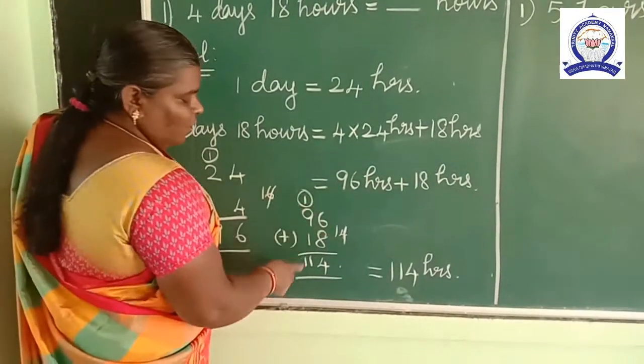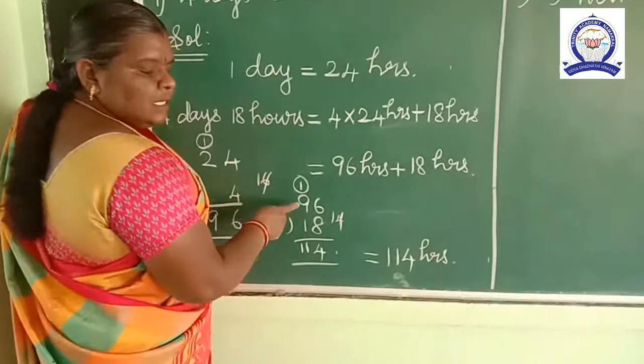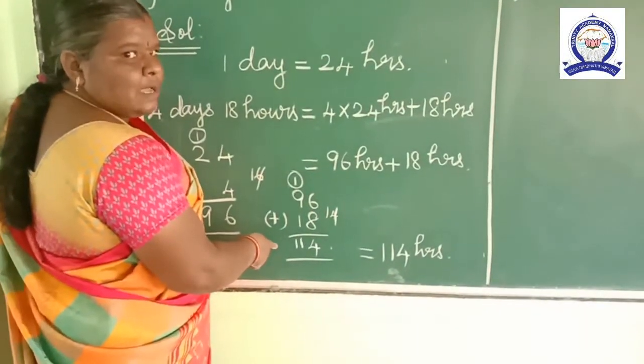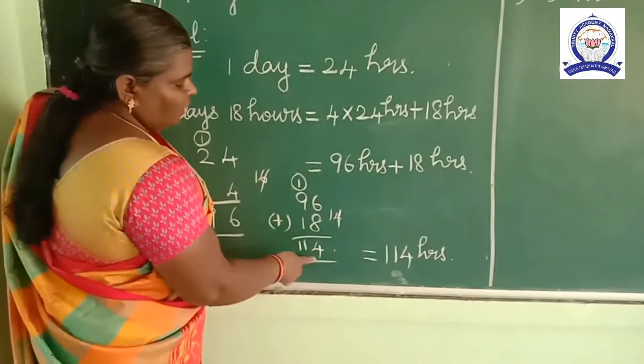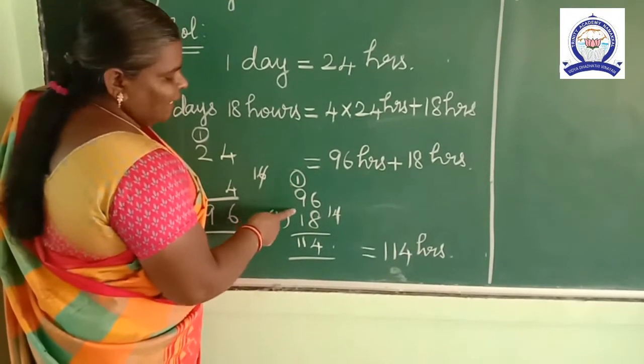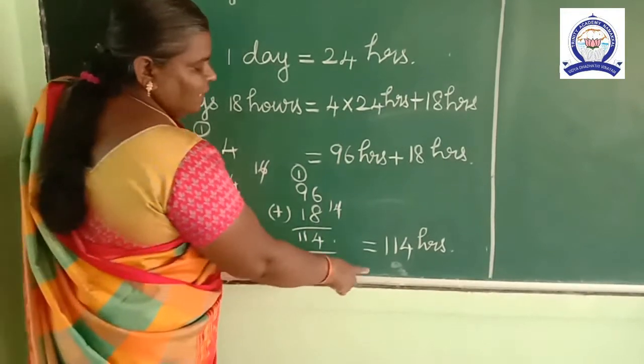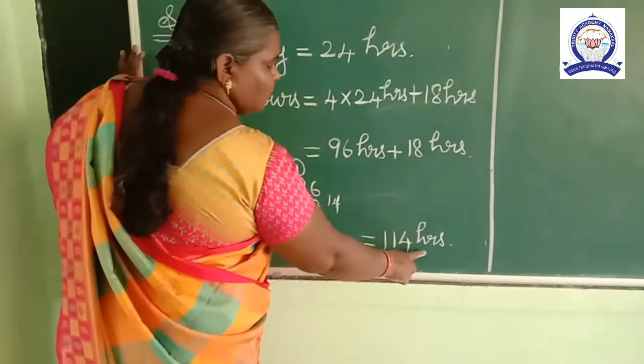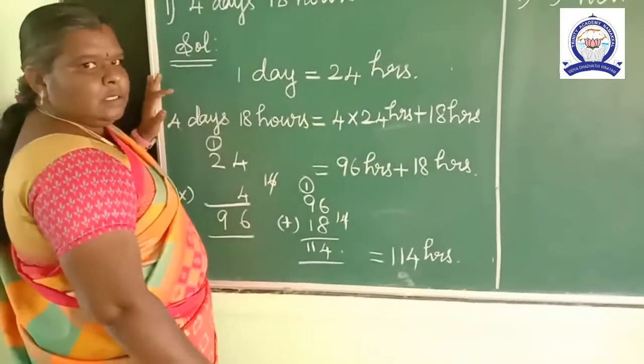You write 1 by 1 and add. It is easy to add this sum. 6 plus 8, 14, 4. Carry over 1, 1 plus 9, 10, 10 plus 1, 11. We get the answer 114 hours. Is it clear, children? See the next sum.